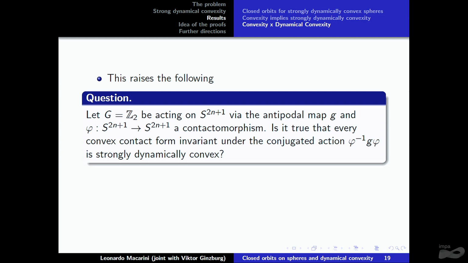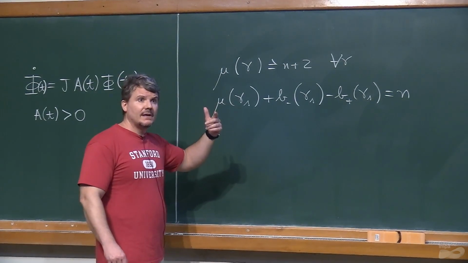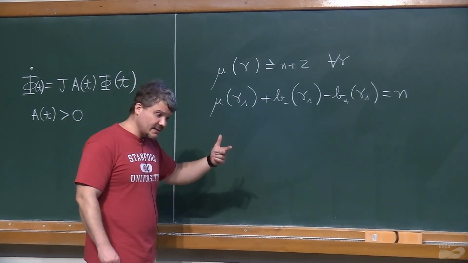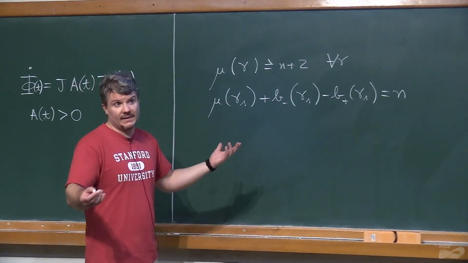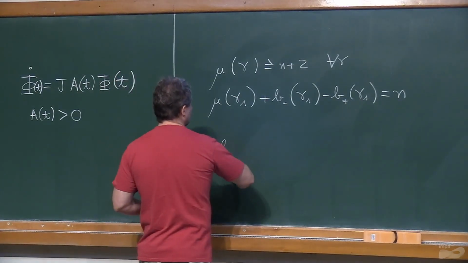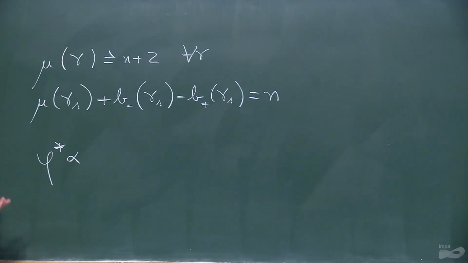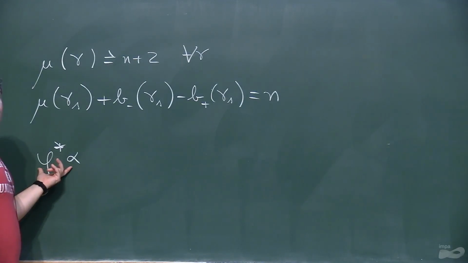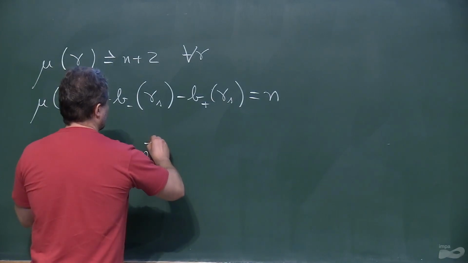We have this example of a contact form that is invariant by the antipodal map and is dynamically convex and not strongly dynamically convex. Now take any contactomorphism, phi. Then the pullback of this contact form is invariant by the conjugated action.